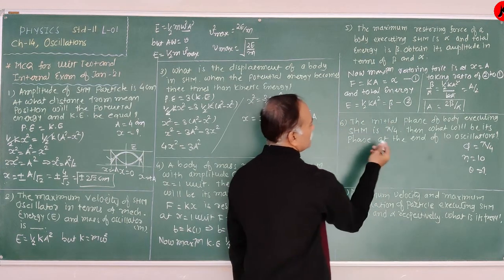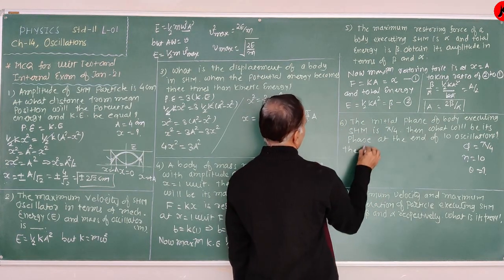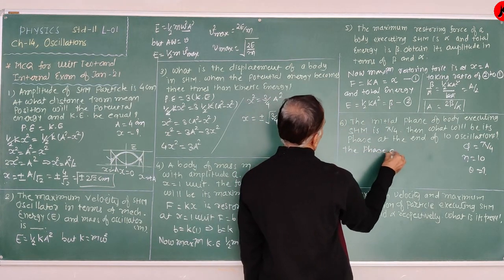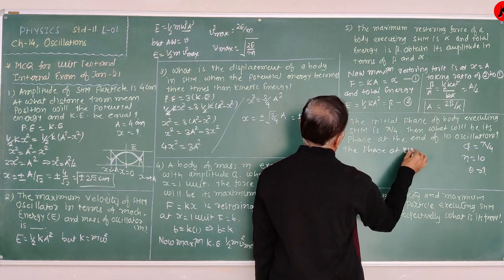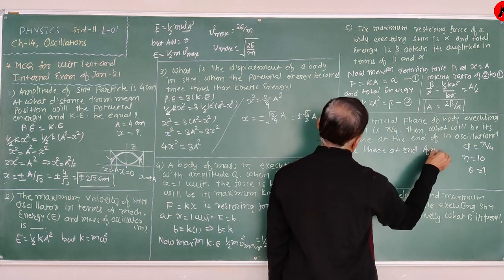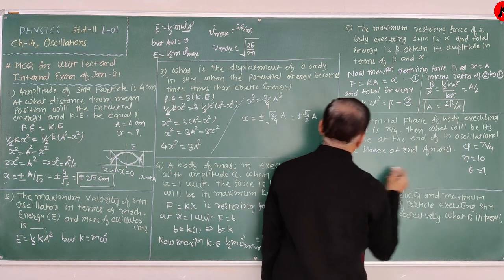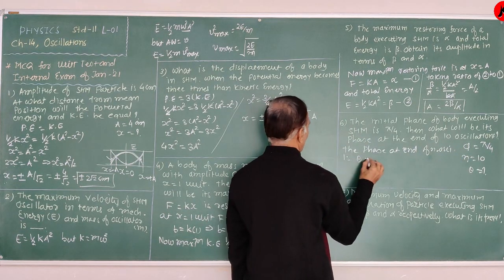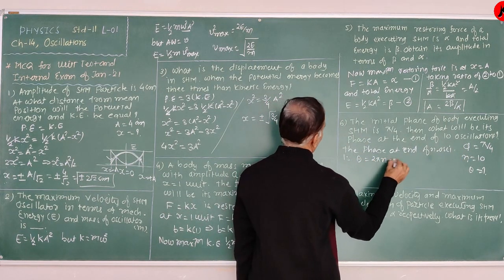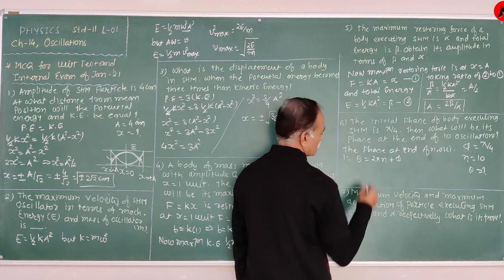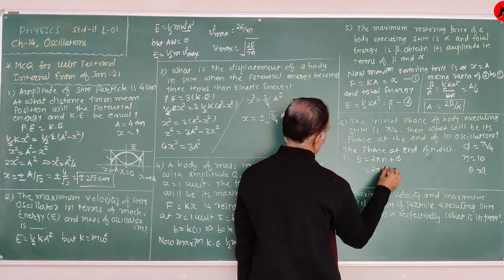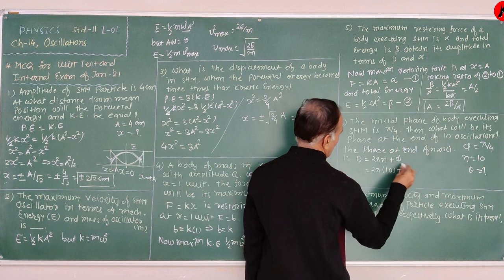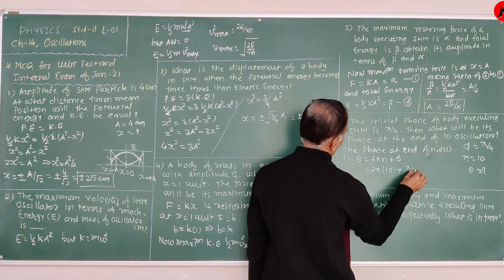Right? Therefore, the phase at end of n oscillations is theta is equal to 2 pi n plus phi. Therefore, 2 pi into 10 plus phi. Phi is equal to pi by 4.